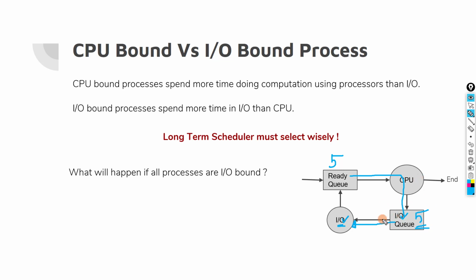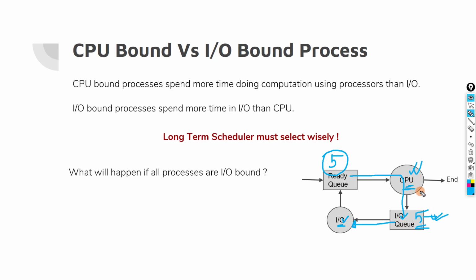So think about the scenario. You had 5 processes in your ready queue, and all the processes need input output devices, not the CPU. So all the processes will be stuck here, in the waiting state in this queue. So what will happen to the CPU or the processor?